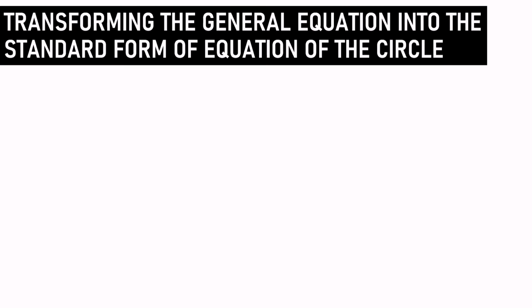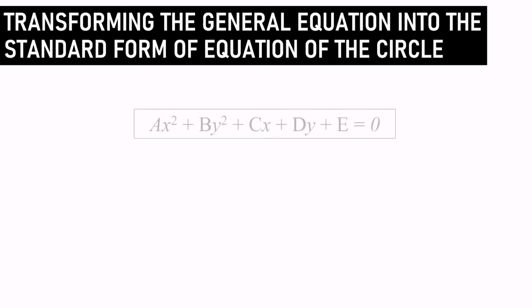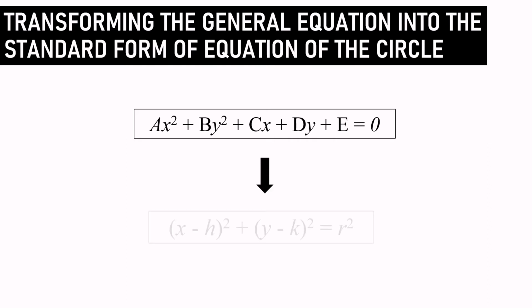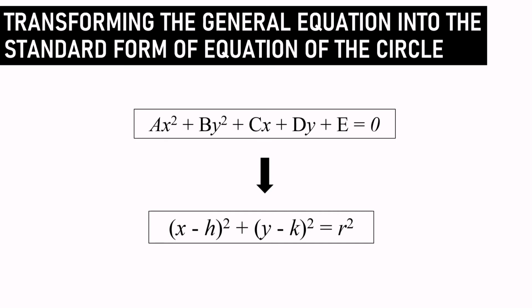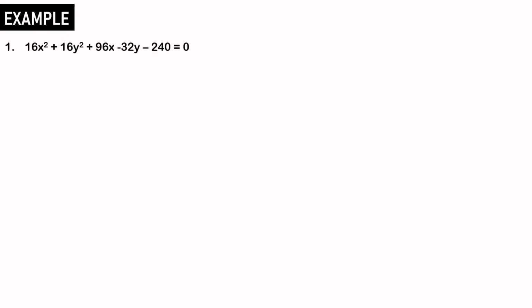Okay, next, let's transform the general equation of the circle into the standard form of equation of the circle. So gikan ta ana na itsura, i-transform nato into this. Okay? So let's have example.